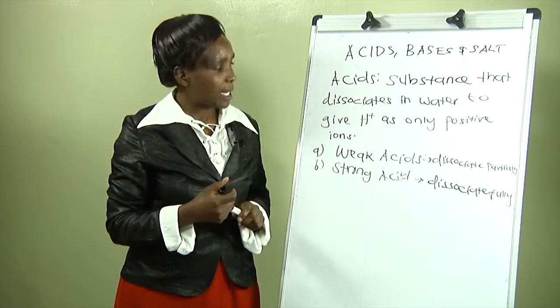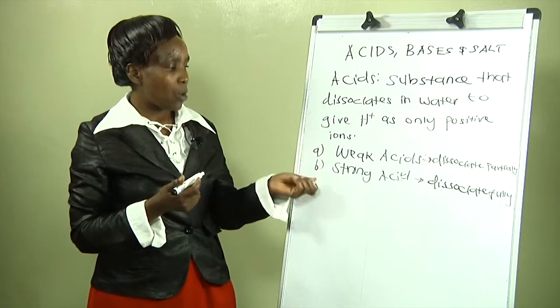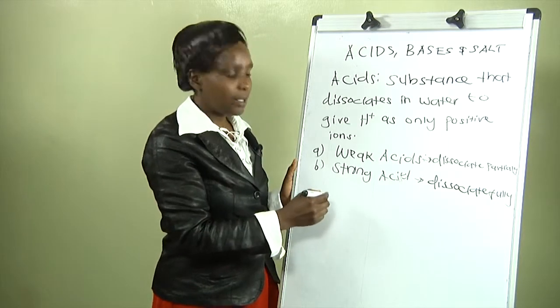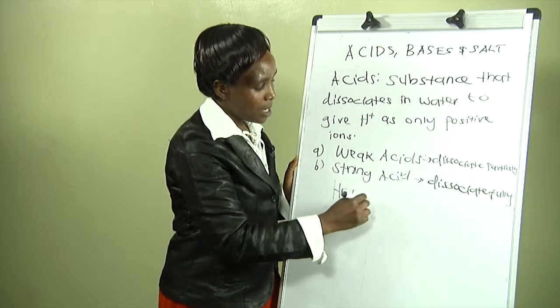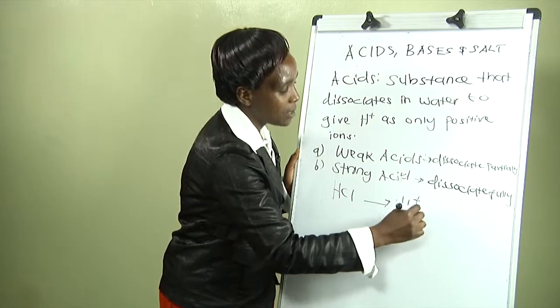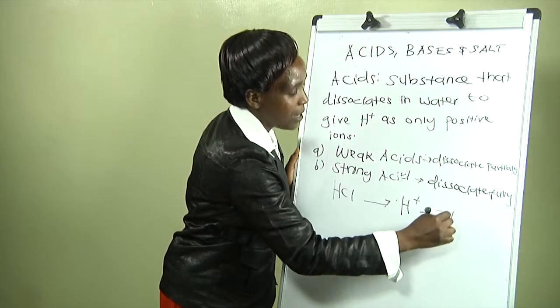So that's what we did last time, and you are able to see how they dissociate. For example, a strong acid like HCl, when dissociated in water, gives hydrogen ions plus chloride ions.